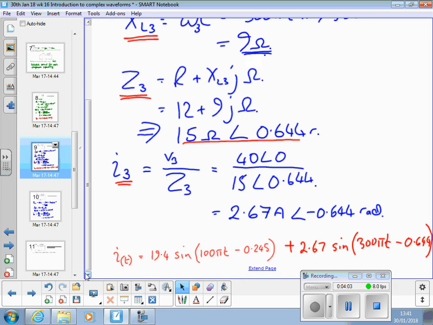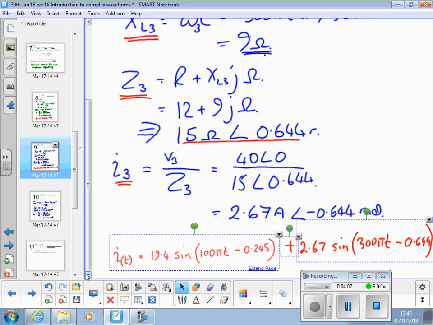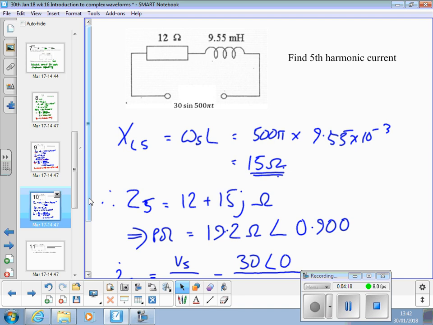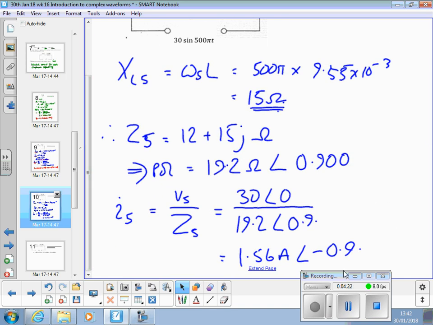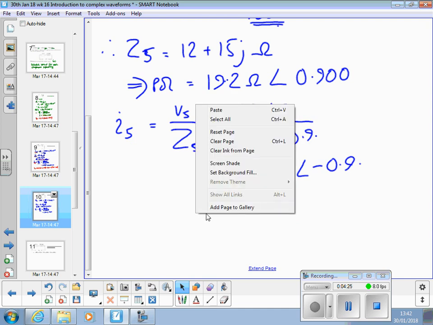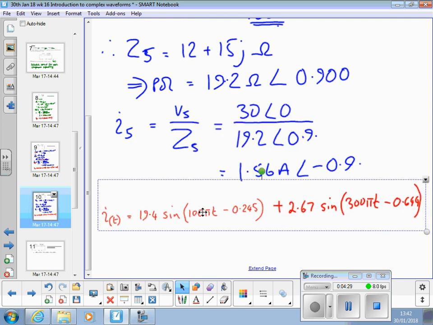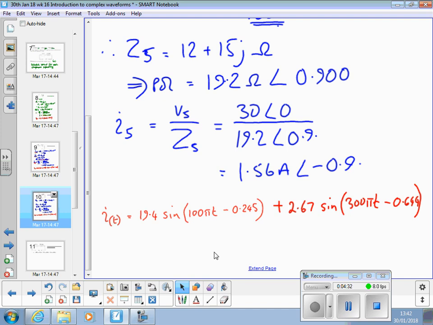And so the expression to add on to that is 1.56 sine 500 pi t minus 0.9. Yep.